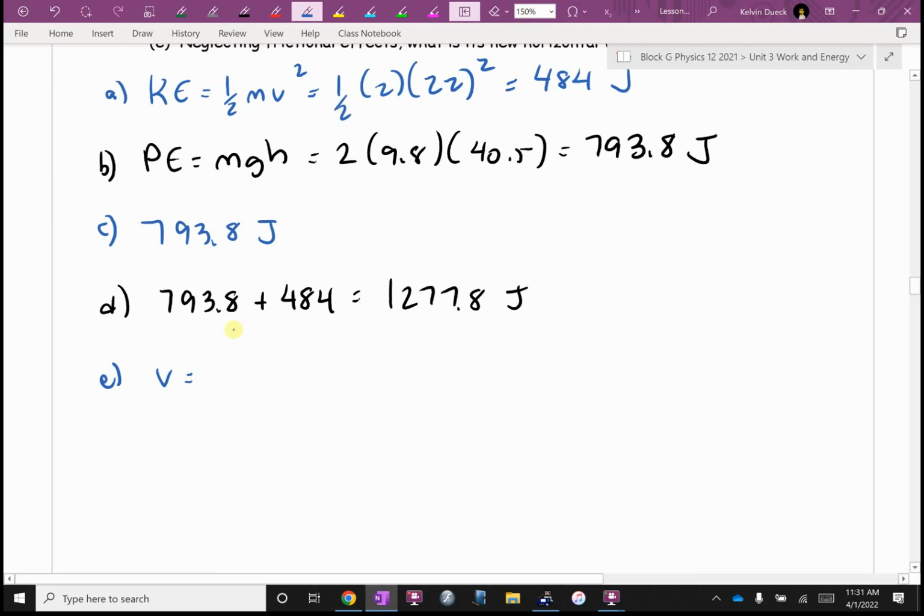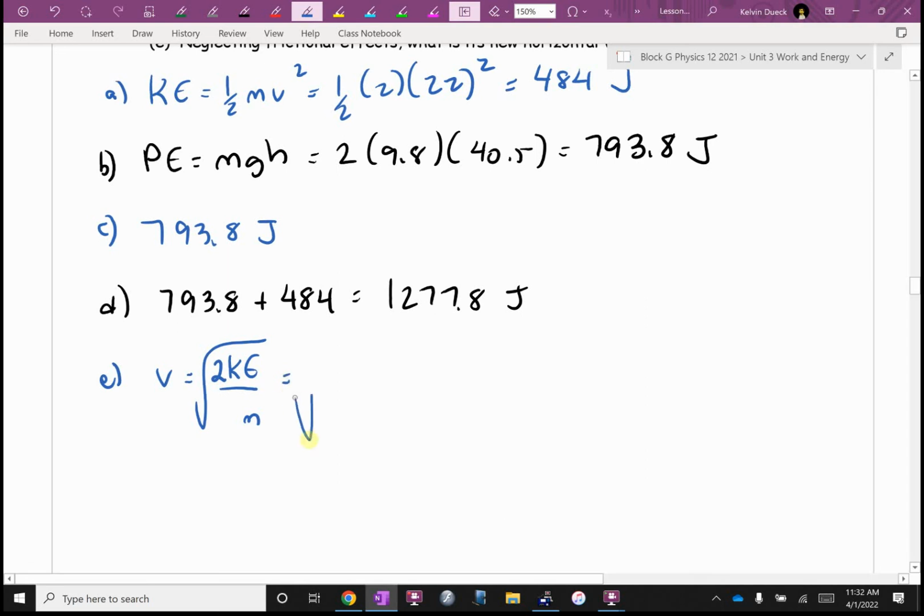You can either write KE over 0.5 M square root, or you can put the 2 on the top. That's acceptable, but you can't have the 2 in the bottom, because how would I move that 2 on the bottom on the right? Times it on the left. Is that okay? And then square root.